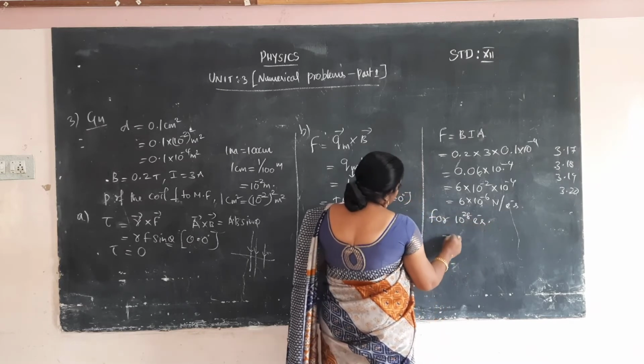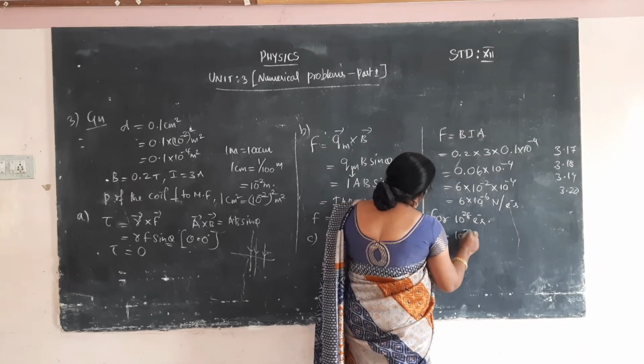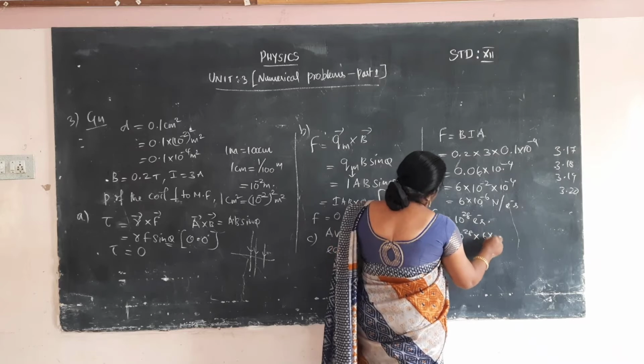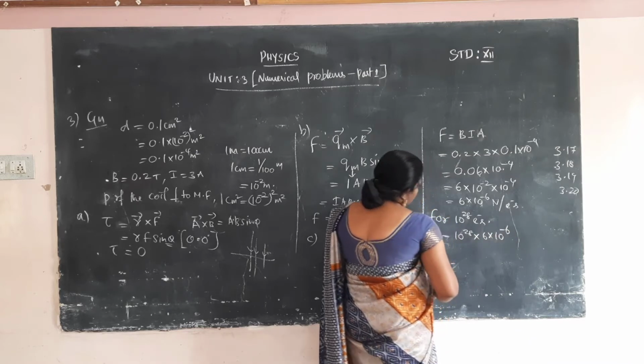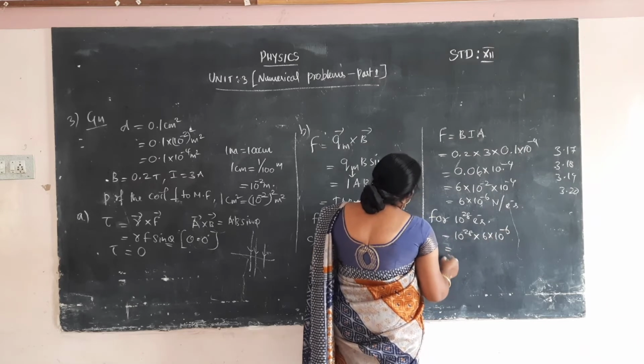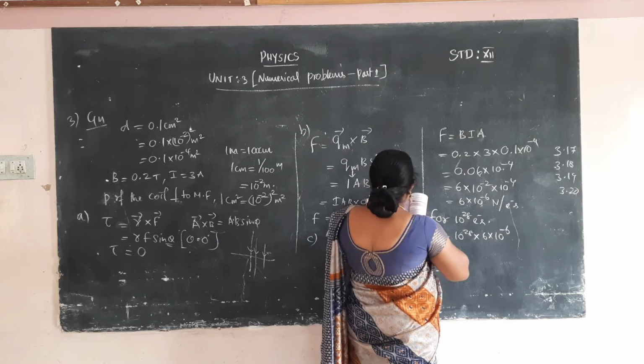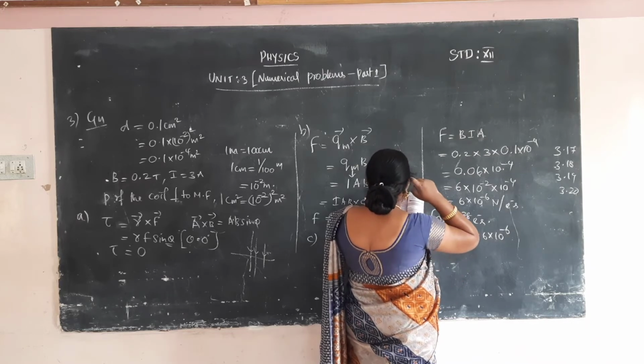This value is multiplied by 10 power 28. So 10 power 28 into 6 into 10 power minus 6.